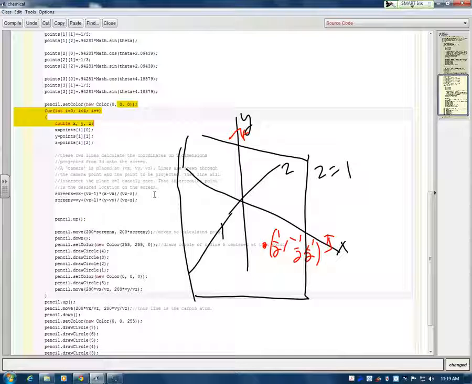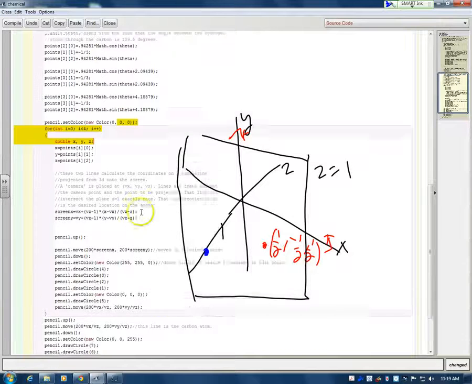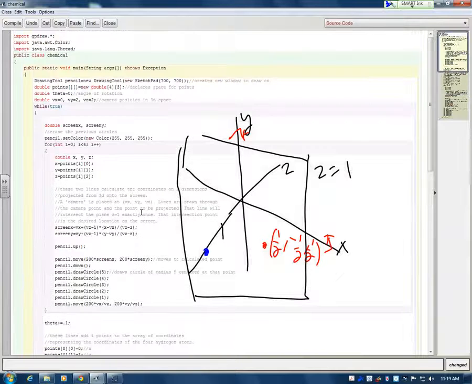And then I have a point, which I have defined up here as (0, 0, 2). And this is the camera.